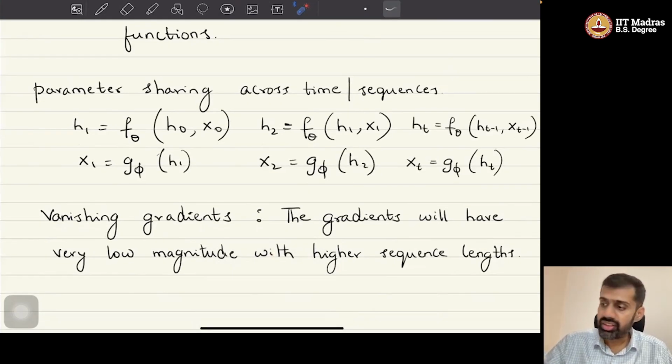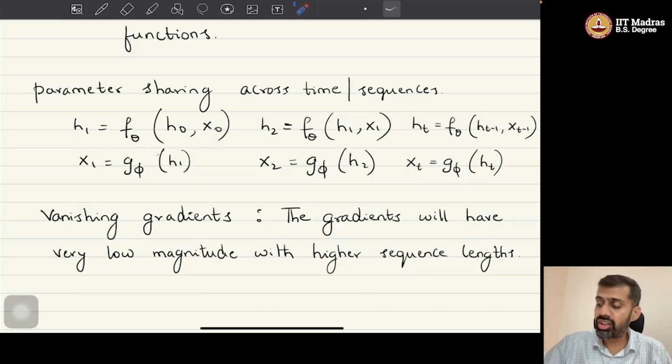The other way to look at this is that to generate the t-th element, we need to depend on the t-th hidden state, or t-th representation, and this is the only vector that is burdened with the task of encompassing all the information from x0 till xt.